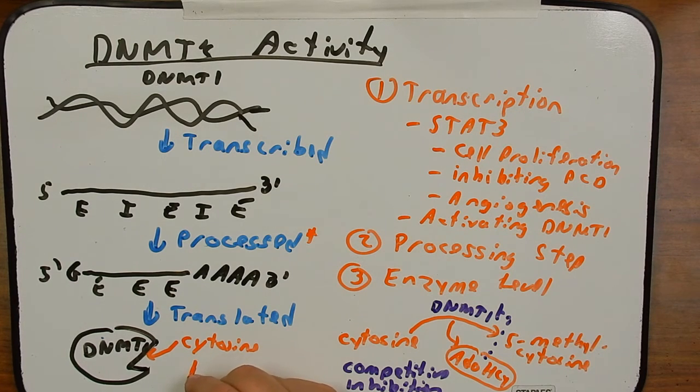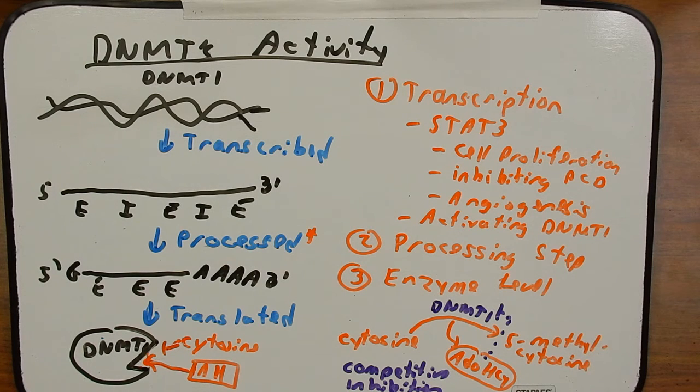And at high concentrations, this AH, as I'm going to abbreviate it, has a preference for this binding site over cytosine. And if it now has a preference for this active site, cytosine cannot get in there. So this is one of the mechanisms that DNA methylation can be regulated, or rather DNA methyltransferase can be regulated, by a competitive inhibition of a byproduct.